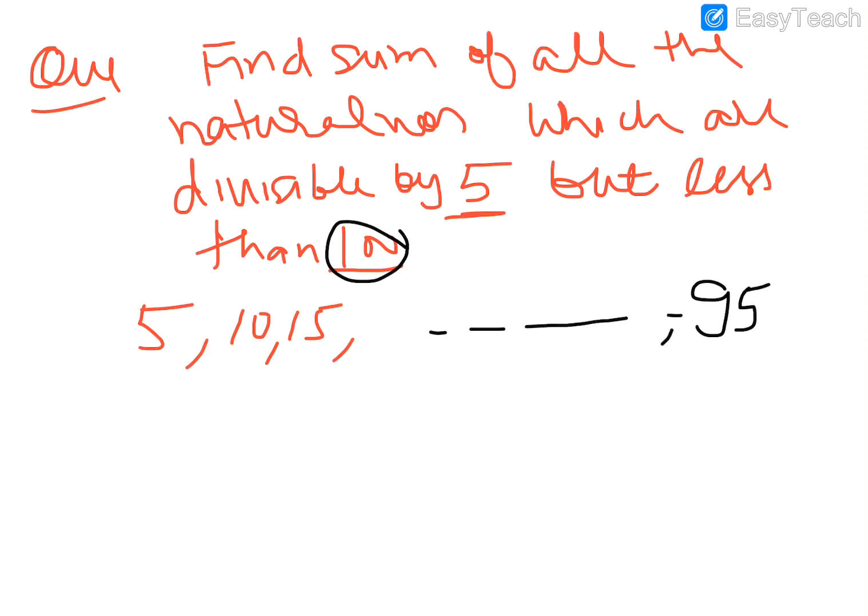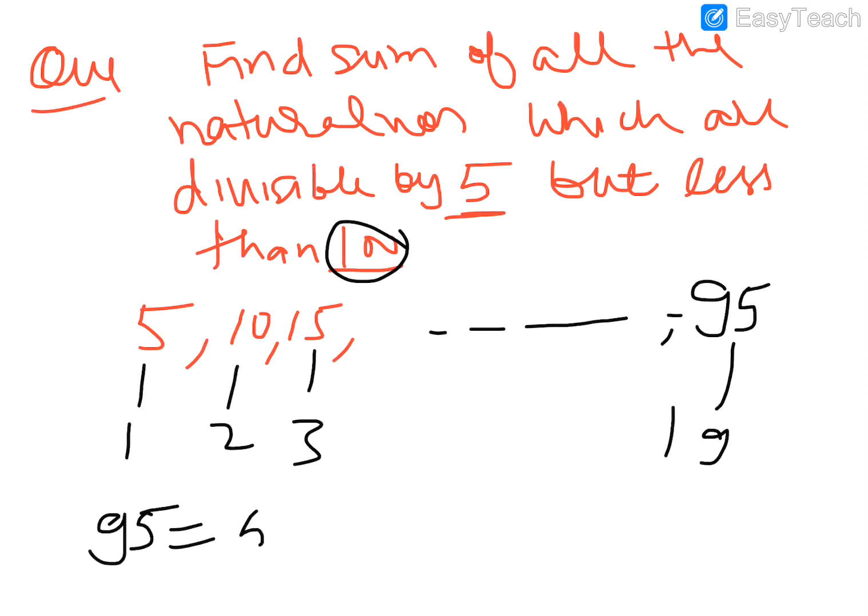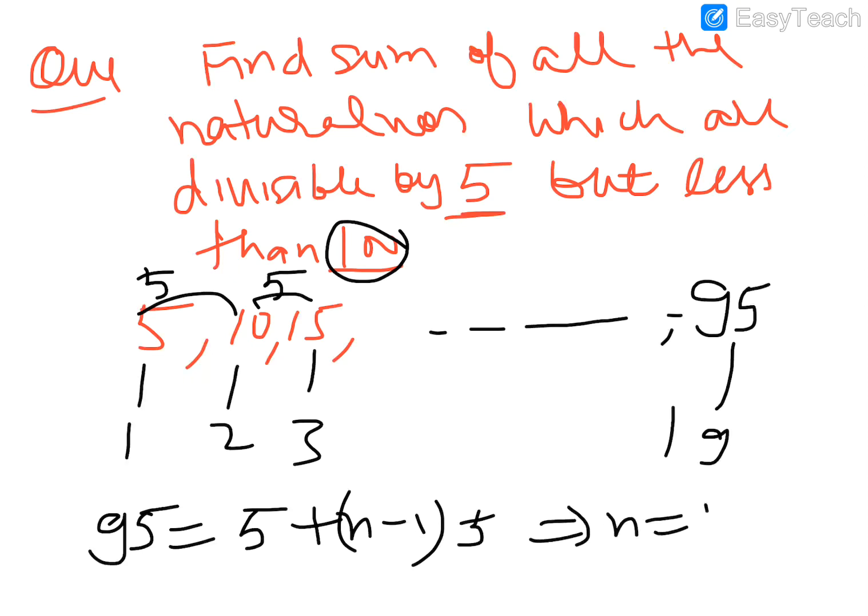One way is, this is the first term, this is the second term, this is the third term, it will be the 19th term, na? 19 into 5 is equal to 95. Another way, if you go by the basics, 95 will be 5 plus n minus 1 into 5. Common difference is what? 5 only. So from here also we will get n is equal to 19. Okay, now I got n is equal to 19.